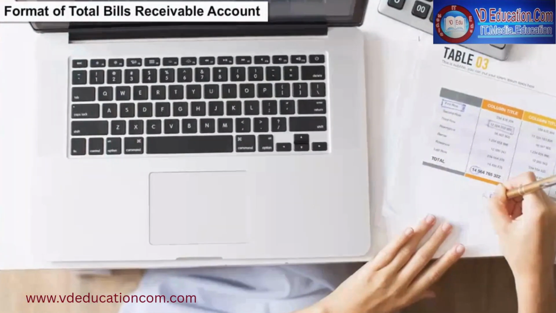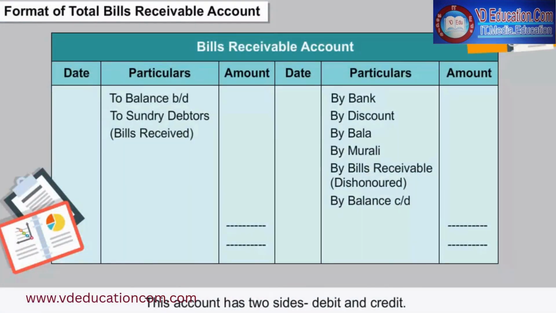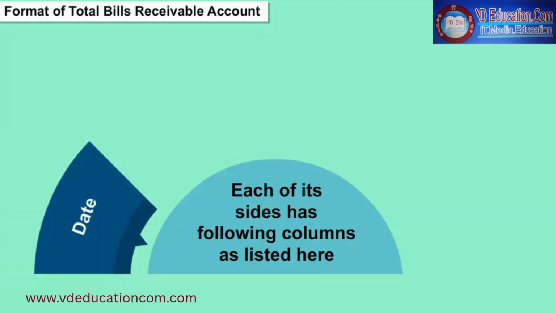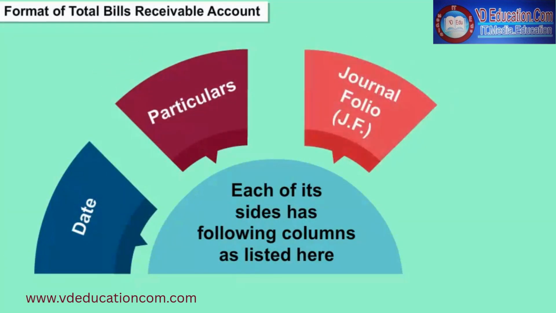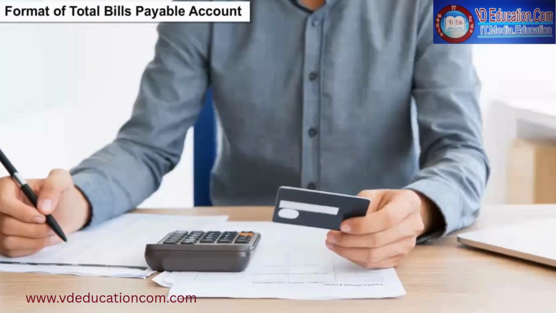Format of total bills receivable account. This account has two sides, debit and credit. Each of its sides has the following columns: date, particulars, journal folio or JF, and amount. Format of total bills payable account.